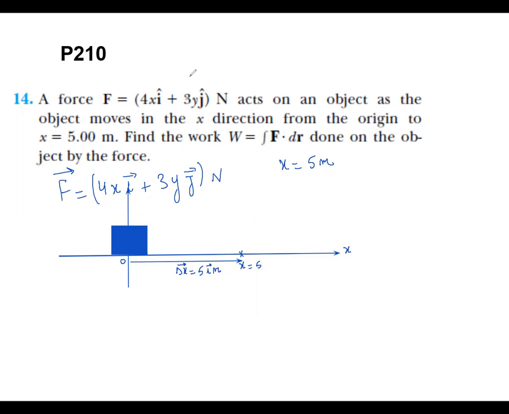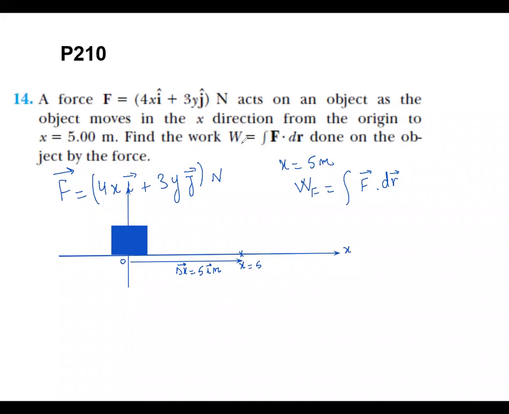The question is we have to find the work of F. Because F is not constant, the work of F equals the integral of F dot dr. This is the general equation of the work.